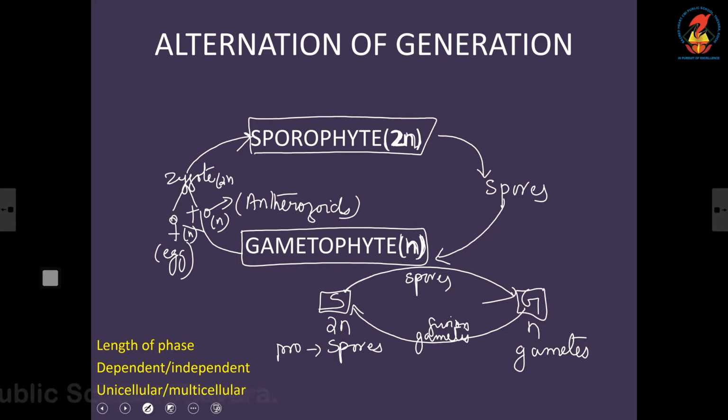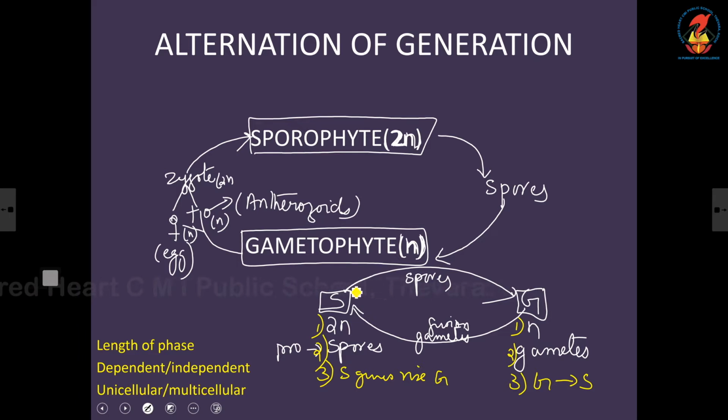Once again, the first difference is with respect to the ploidy. Sporophyte is diploid, whereas gametophyte is haploid. The second difference is, what does a sporophyte produce? Spores, whereas the gametophyte produces the gametes. And the third is, the sporophyte gives rise to the gametophyte, and the gametophyte gives rise to the sporophyte.